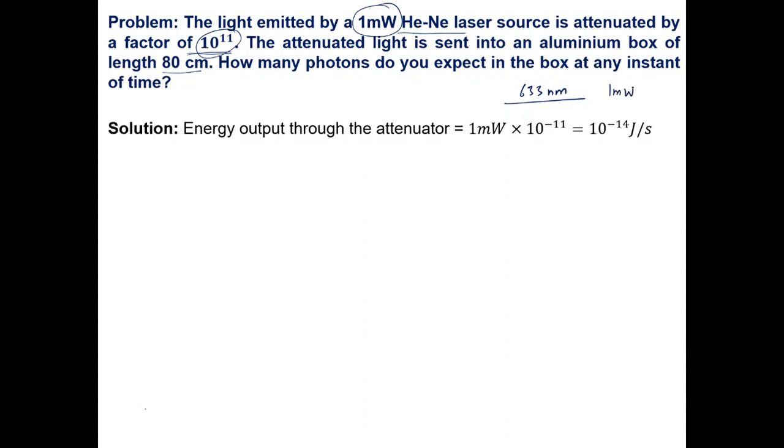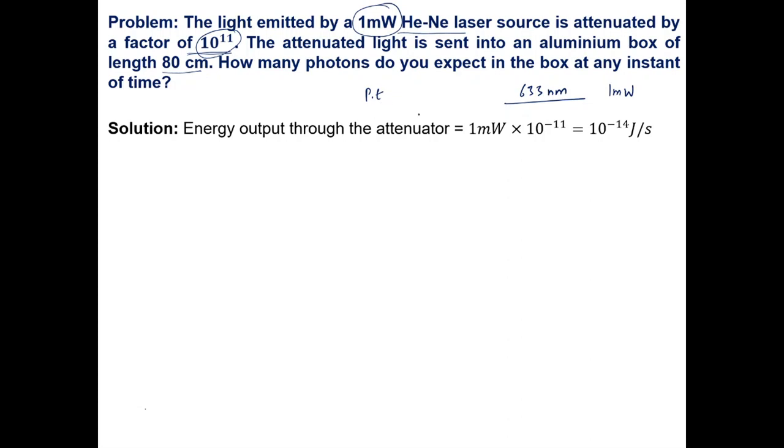but we are putting an attenuator in between, and the attenuation factor is 10 to the power 11. What does this attenuation mean? It is basically reducing the number of photons which are emitted beyond the attenuator by a factor of 10 to the power 11. Now, earlier what we did, we multiplied power with the time, and if it is energy, we are taking time as 1 second.